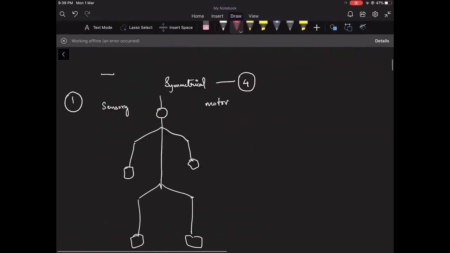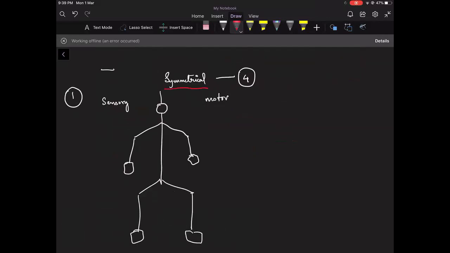If the patient has symmetrical involvement of motor, both proximal and distal, and the whole of the sensory modality is affected, both proximal and distal, then this pattern we usually see in GBS and CIDP.